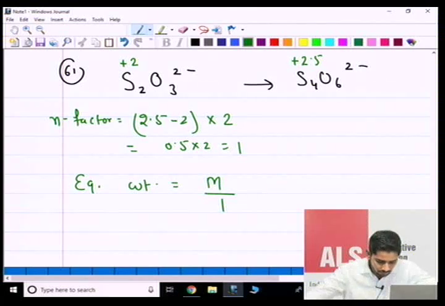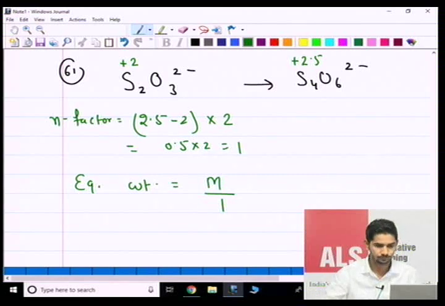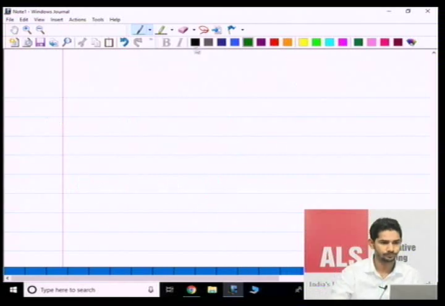69. What will be the n factor for this one in acidic medium? Okay, let's check it.